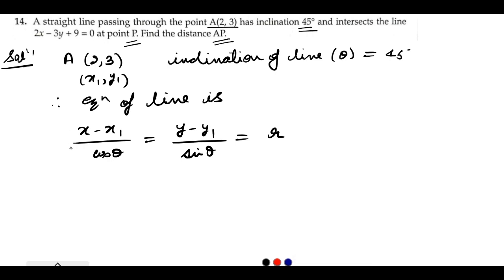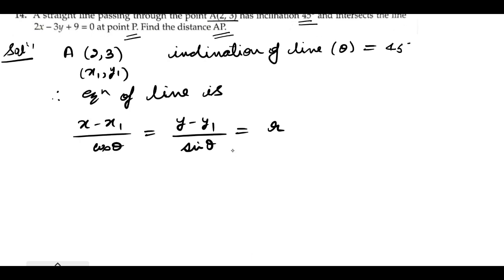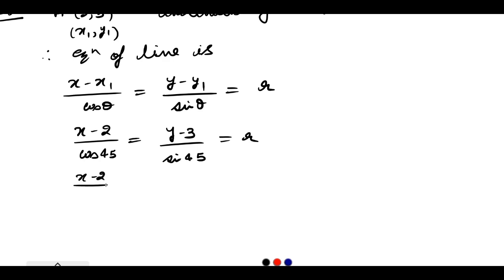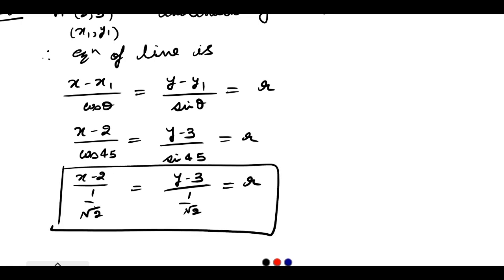I have already discussed this form with you in a previous video. Now put the values. x1 is 2 and theta is 45, y1 is 3. Cos 45 is 1 upon under root 2. Sin 45 is 1 upon under root 2. This is the equation of line in symmetrical form.